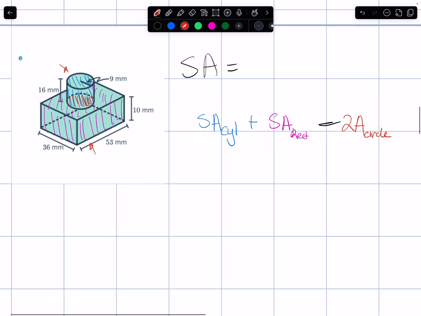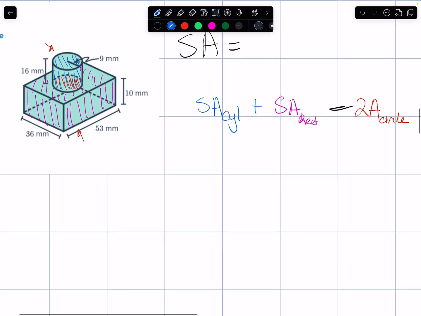Now, we can do this because the beautiful thing is in our notes, we have all of the formulas for each of these shapes. All right, so we know the surface area of a cylinder is 2 times pi times r squared plus 2 times pi times r times h.